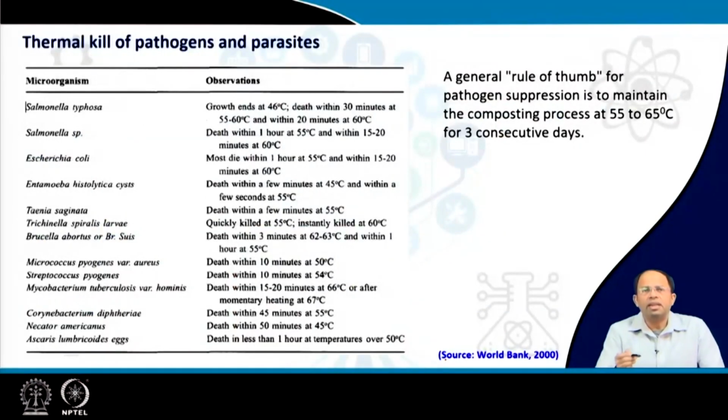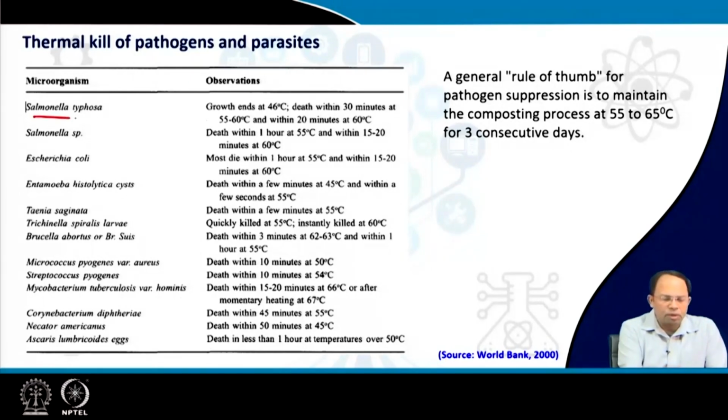So this table gives you an idea about what the different kinds of bacteria, microorganisms, and pathogens inside compost are and how they get killed. For example, Salmonella typhosa, Salmonella typhi we call it, then E. coli: you can see that most die within 1 hour at 55 degrees centigrade and within 15 to 20 minutes at 60 degrees centigrade.